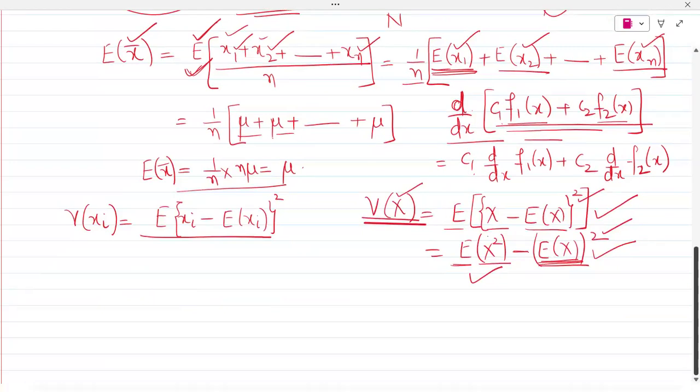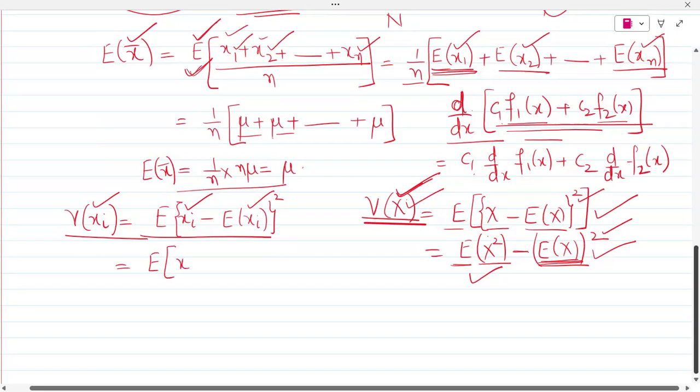Now, here, what is our random variable x? It is nothing but xi. So you can see that instead of x, I have xi. What is this thing? It is mu. And now what is this?